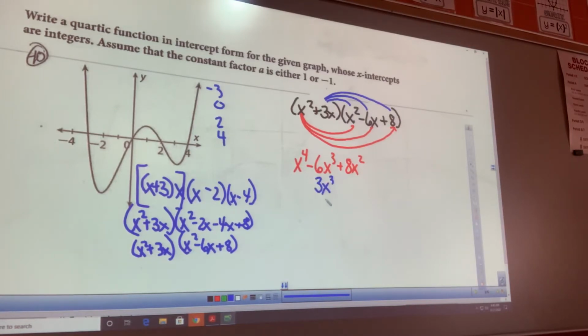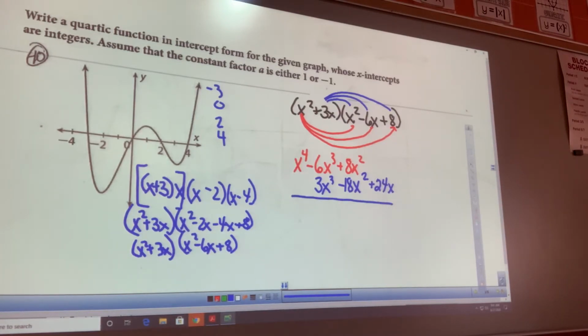And I'll line these up together so that we can just add them at the end. 3x times negative 6x gives me negative 18x squared. And then 3x times 8 gives me plus 24x.